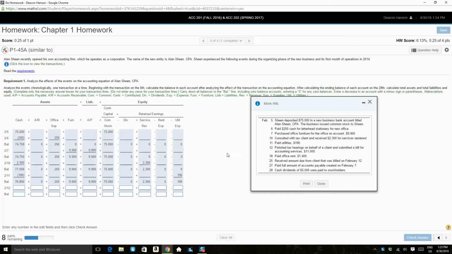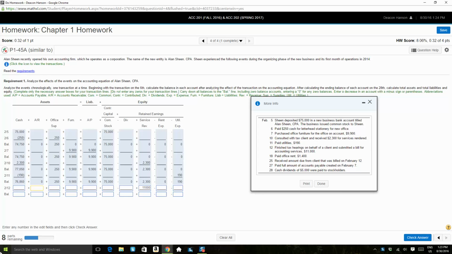Now on 12/12, we finished tax hearings on behalf of a client and submitted a bill for accounting services of $11,000. So because we've provided the services, we've earned revenue. So we'll put 11,000 more in revenue here. Okay, but we did not receive the cash. So we have this thing called AR, accounts receivable. That means that we're waiting to receive that money.